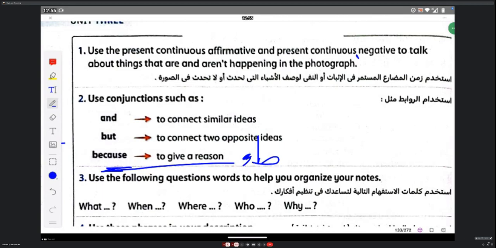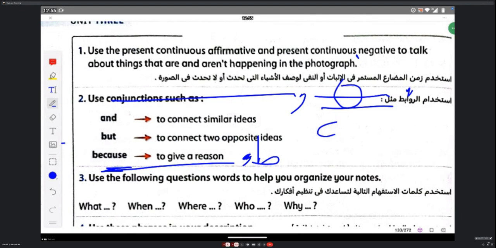The comma means we have two clauses, two sentences joined together in one sentence with one full stop. If we have one full stop, the letter here comes small. Okay. Thank you.